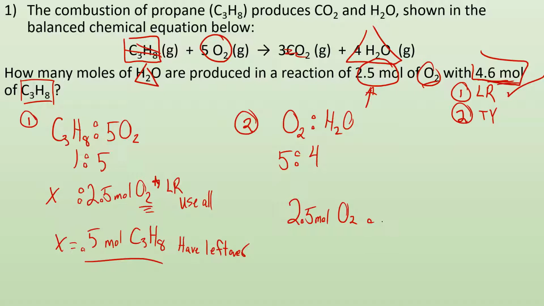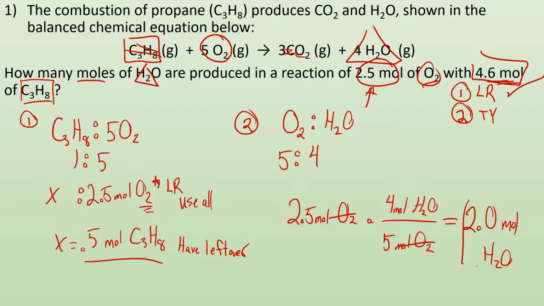My balanced chemical equation tells me that for every 5 moles of O2, I'm going to be able to produce 4 moles of H2O. My moles of O2 are going to cancel out. Now I got moles of H2O, and that's the unit it wants me to solve for. So now I can just plug and chug. And when I do that, I end up with 2.0 moles of H2O. That's how you do that problem.